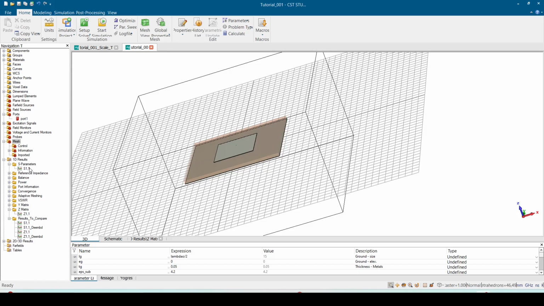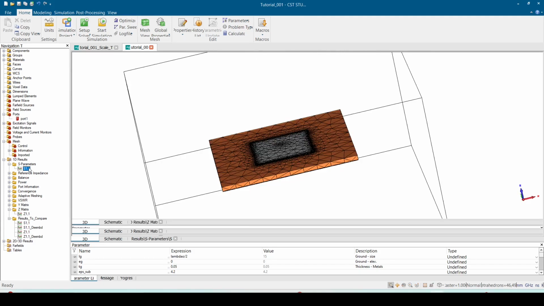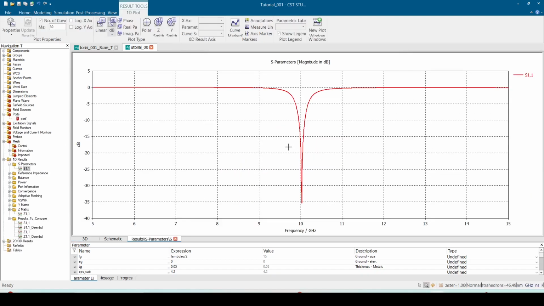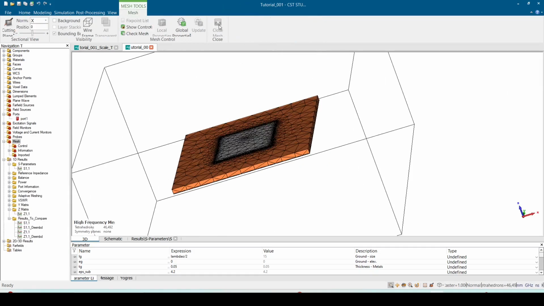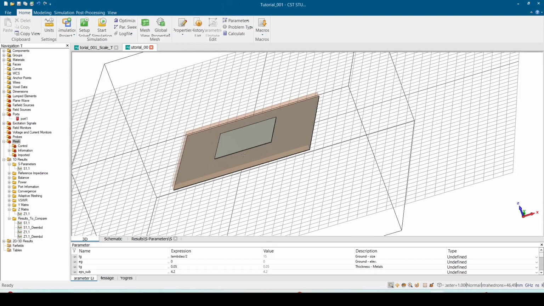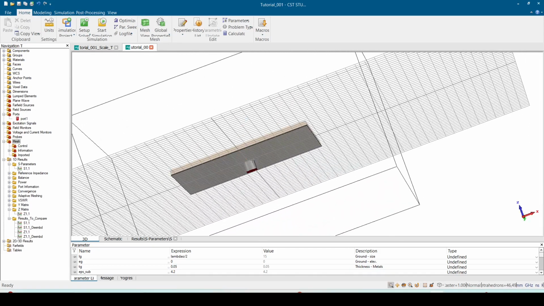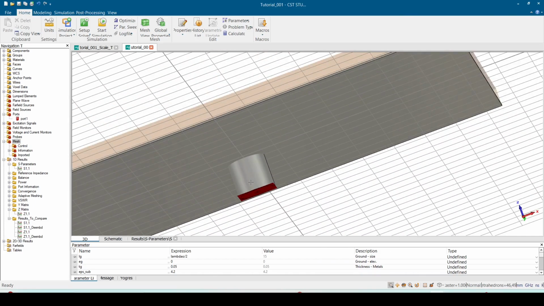And for this example, I will take my antenna, which I designed in tutorial 1. It is an antenna designed at a frequency of 10 gigahertz. As you remember, or if you check the video, we usually design by looking at the input impedance. Our antenna is a patch antenna with one layer, fed by coaxial feeding.